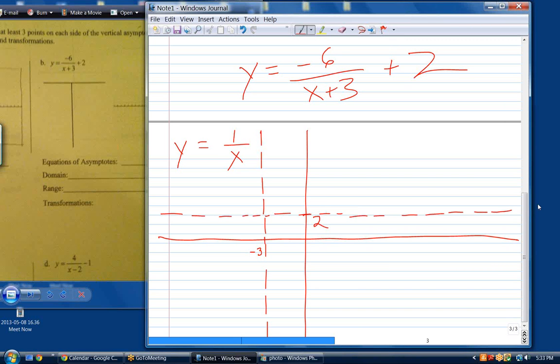Now, a couple of other things are taking place here. Let's first of all plot some points. To the right of the vertical asymptote, give me 3 values of x and their corresponding values of y.